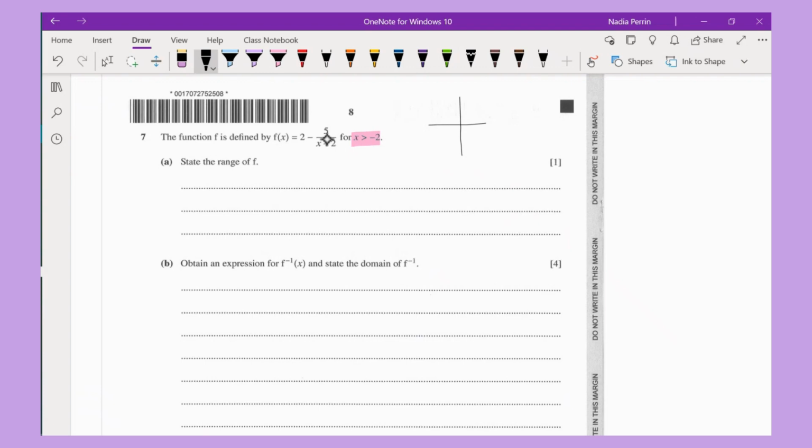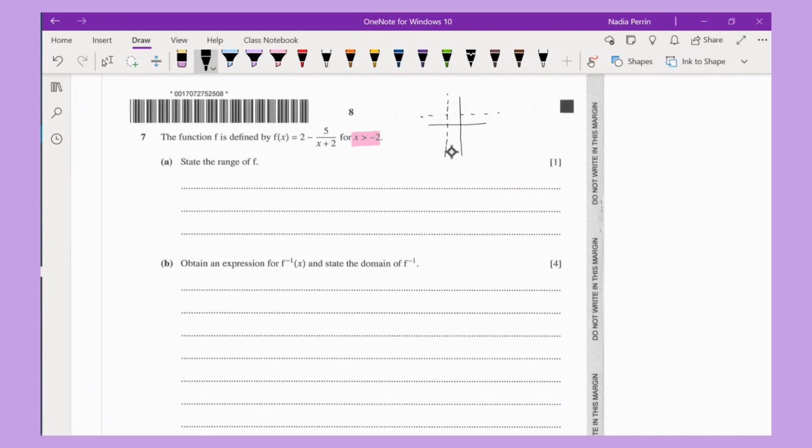Okay, so the x plus 2 is meaning it's going to have an asymptote where x is -2 because we can't divide by 0. And then the whole graph's been shifted up too. So it's looking like that.